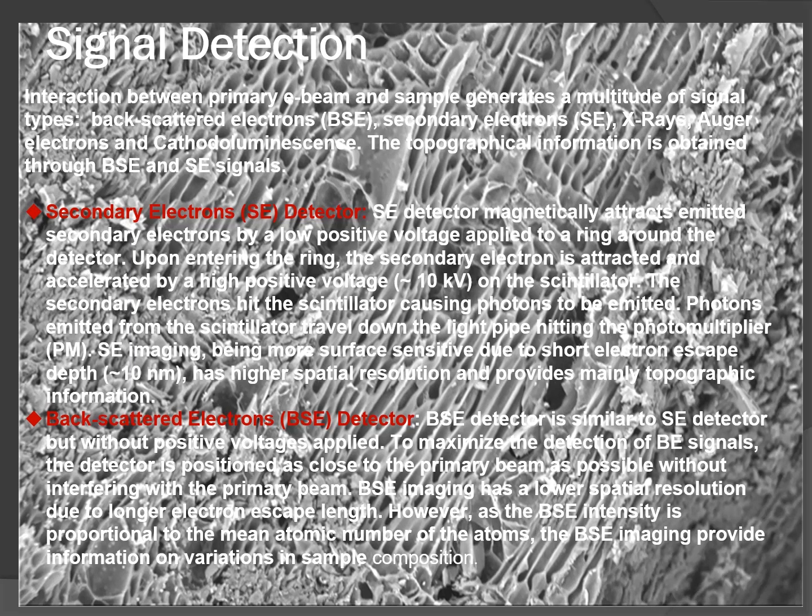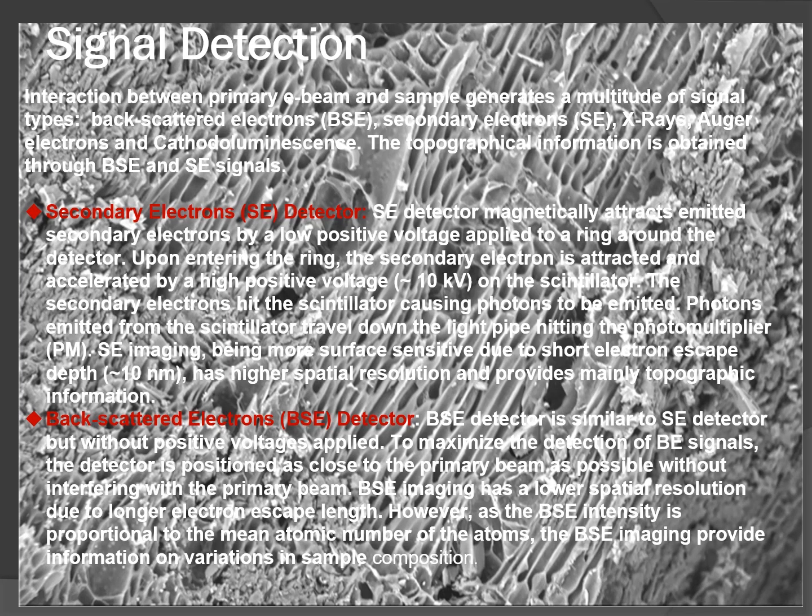The secondary detector magnetically attracts emitted secondary electrons by a low positive voltage applied to a ring around the detector. Upon entering the ring, the secondary electron is attracted and accelerated by a high positive voltage, plus or minus 10 keV, onto the scintillator. The secondary electron hits the scintillator, causing photons to be emitted.